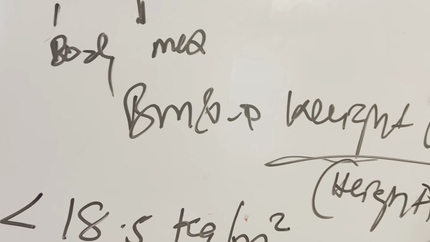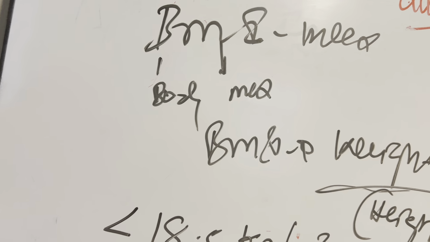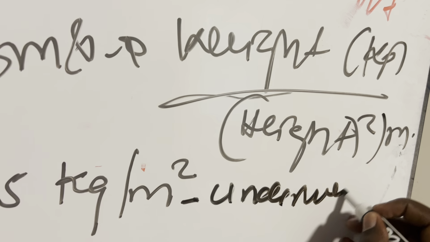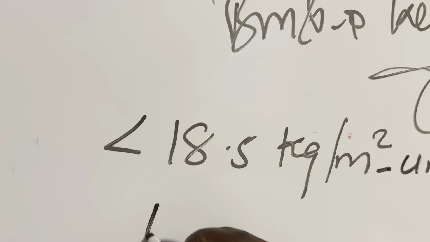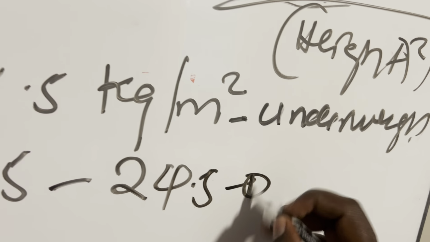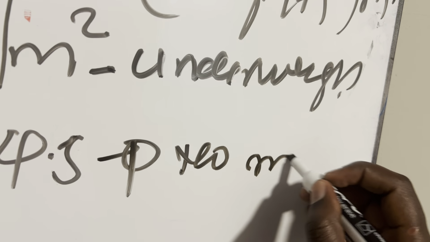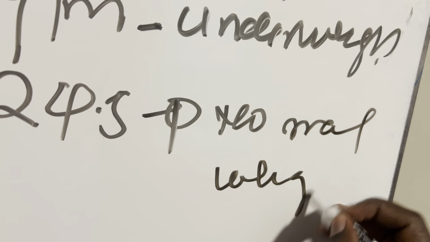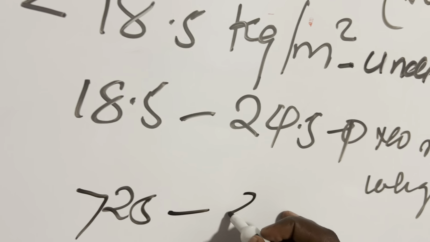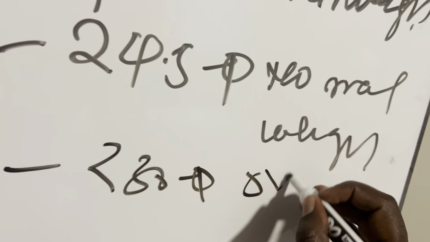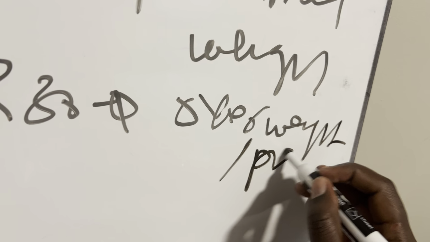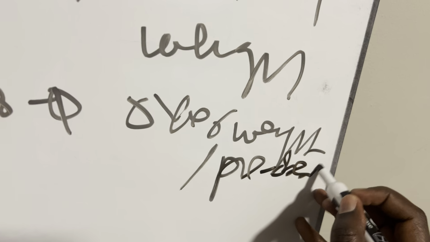Below 18.5 is underweight, between 18.5 and 24.9 is normal weight, and 25 to less than 30 is overweight, also called pre-obesity.